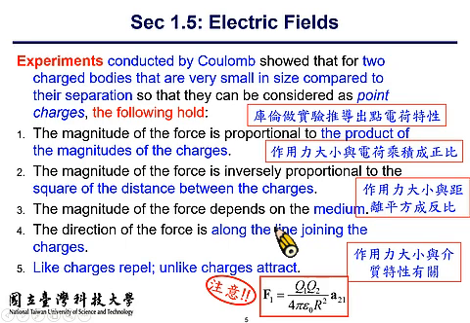So the first one is that the magnitude of the electrical force is proportional to the product of the magnitudes of the charges. All right, so Q1 and Q2 refer to the amount of charge of two point sources.